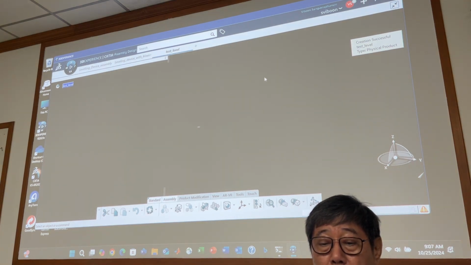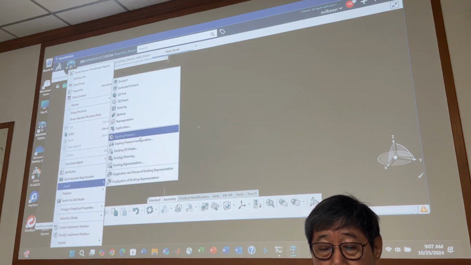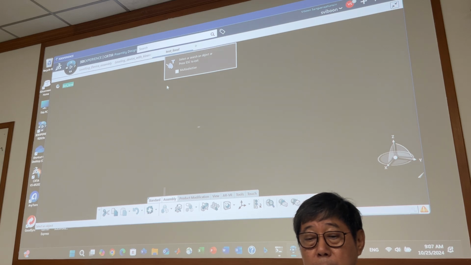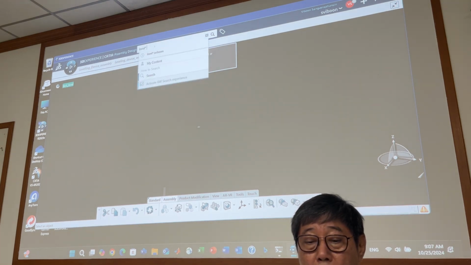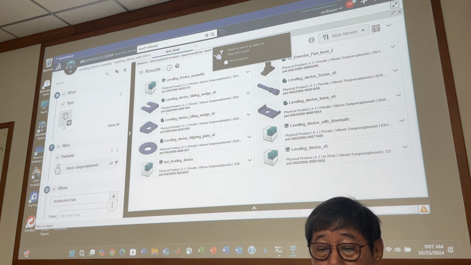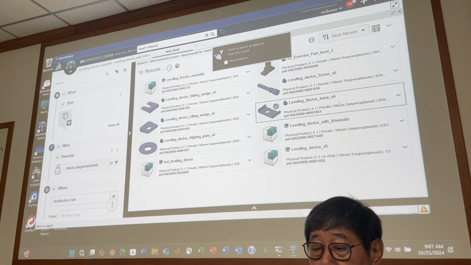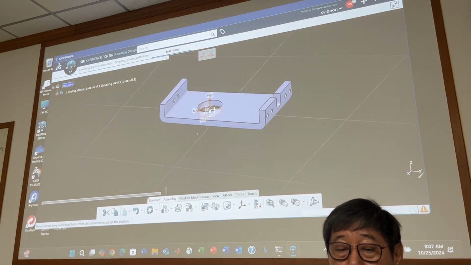Okay, let me bring in the base first. I insert the base first, right? This one is already in here.